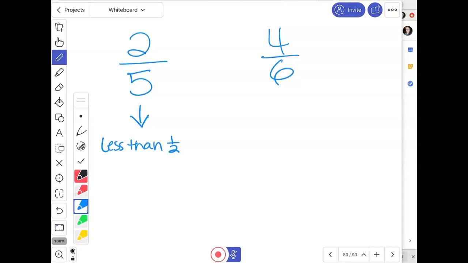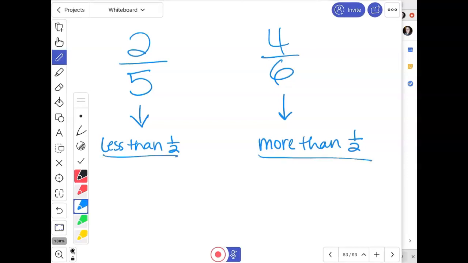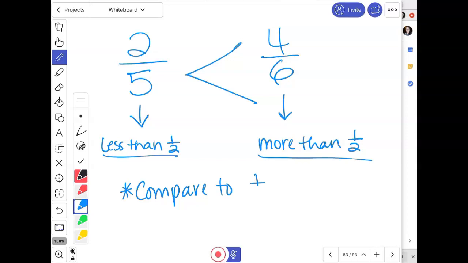I know that 4 is more than 1/2 of 6, because 1/2 of 6 is 3. 4 is more than that. So, if this is less than 1/2 and this is more than 1/2, it's greater. Do you see how I compared to 1/2 first? Then that comparison tells me which one's greater or which one's less.